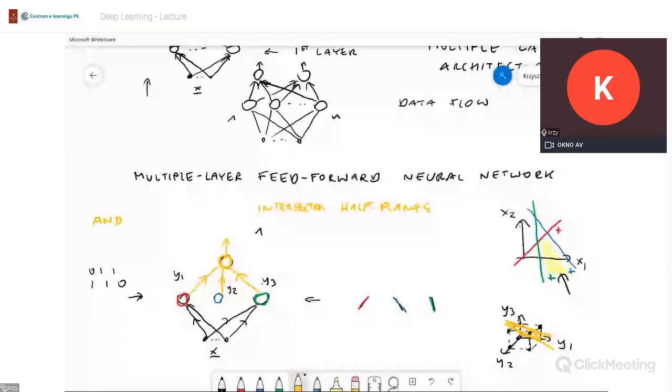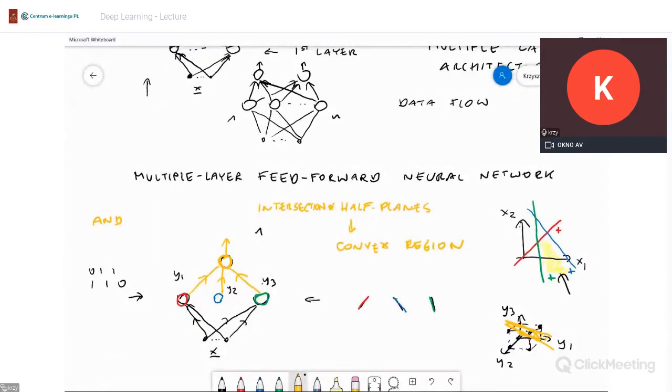And an intersection of half planes is a convex region. That's a geometrical property: if I have half planes or half spaces that are defined by a hyperplane as one side of this half space, the intersection of these half spaces is a convex region.